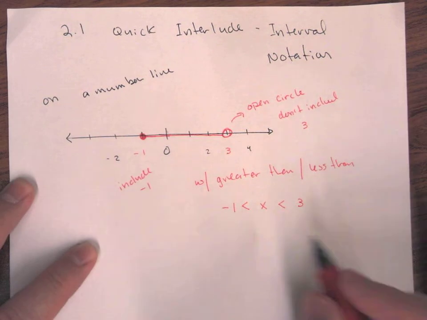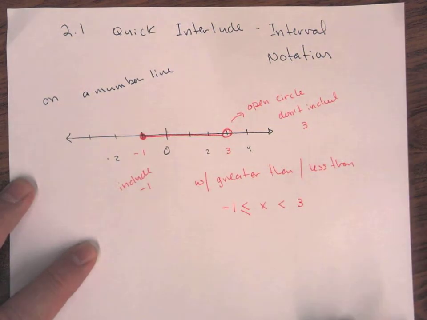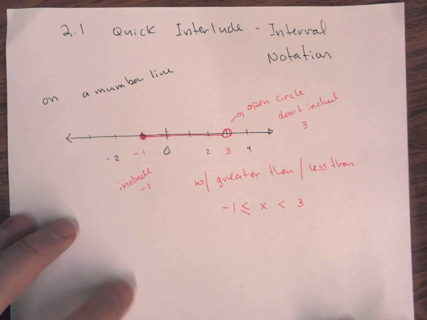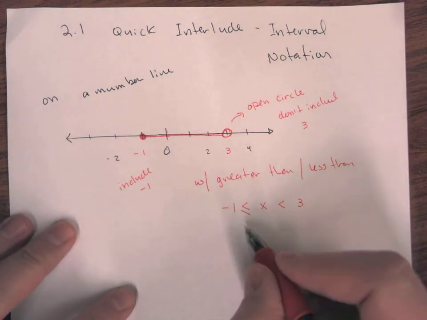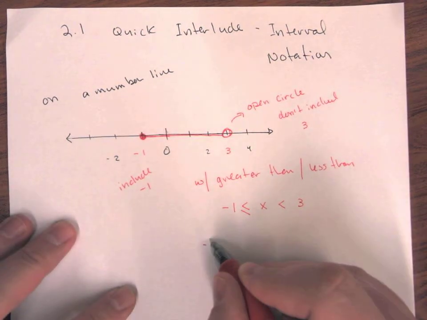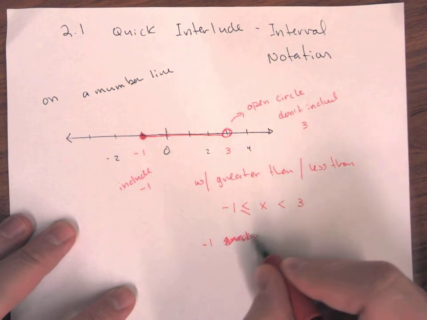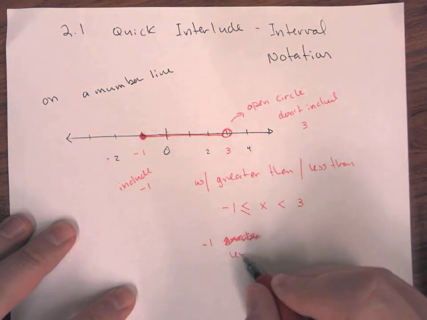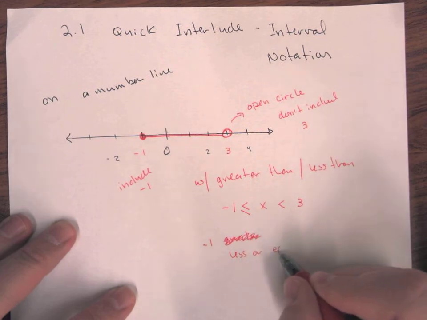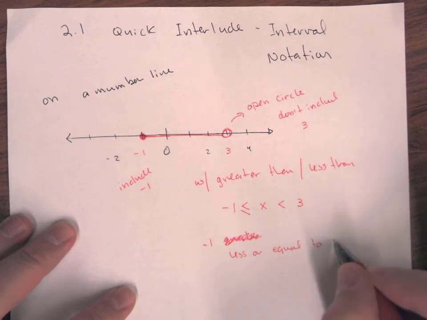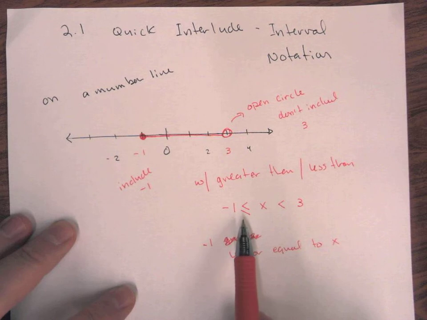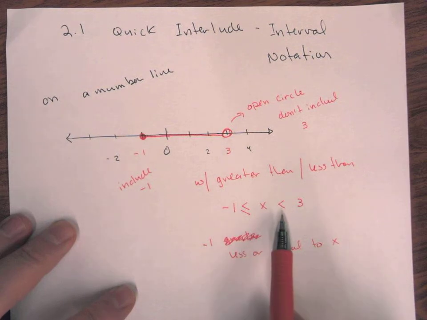We're including the -1, so what that would mean is we put a little extra bar underneath our less than symbol. And so this is -1 is less than or equal to x. So this is less than or equal to, and then this is our strictly less than.